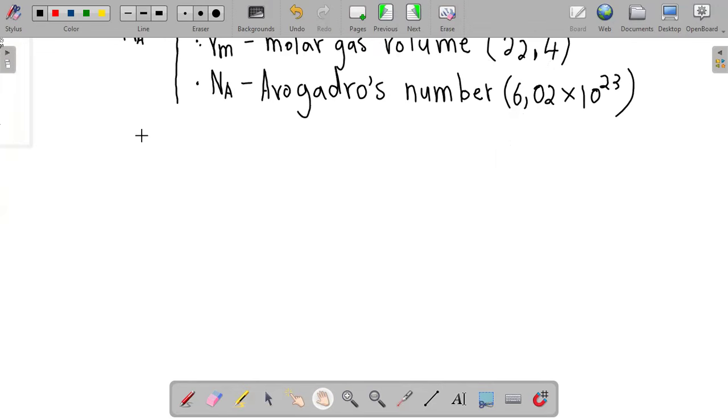What is a mole? We define it using carbon.